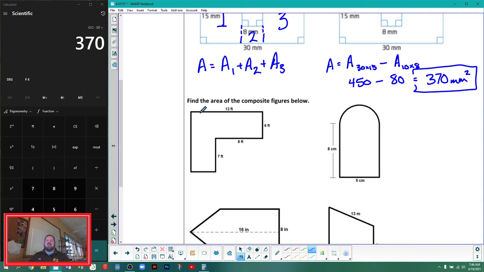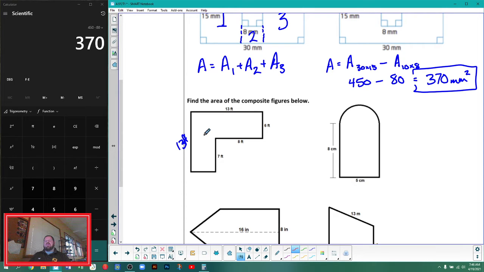Like this one, I don't have this entire length right here, but I can find it because it comes from 7 and then this 6. So it's actually 13 feet. And that's a pretty good way to look at that.